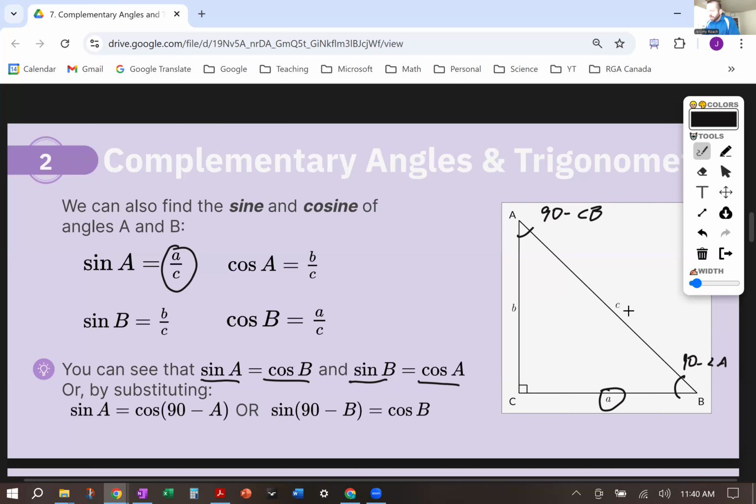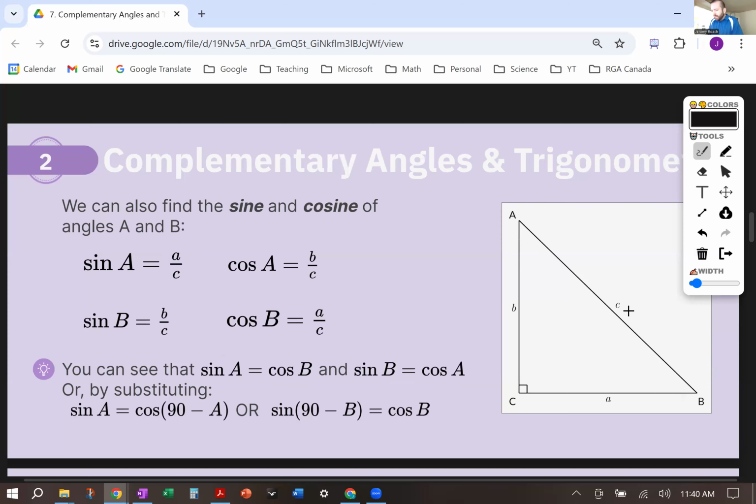The adjacent can never be the hypotenuse. So that's how we know it's got to be A for the adjacent. And then C is the hypotenuse. So we get A over C equals A over C. Same thing with sine B and cosine A. Sine B is B over C, and cosine A is B over C. That's all this stuff is saying.